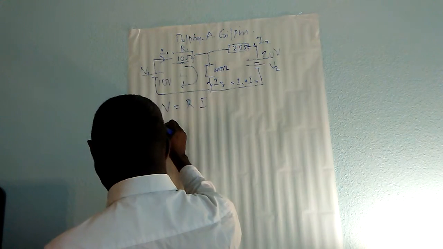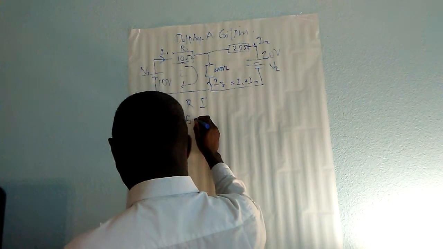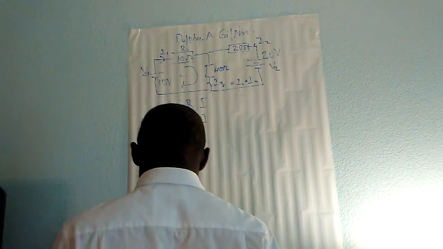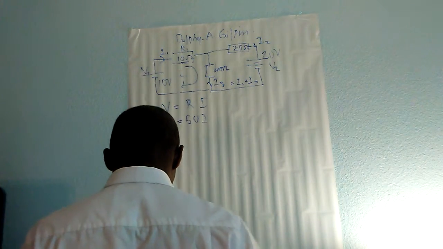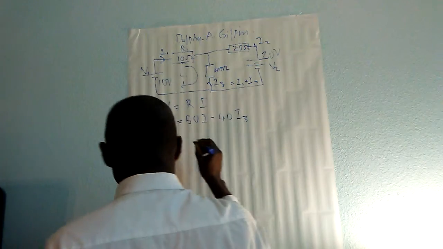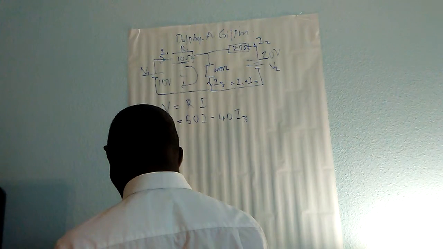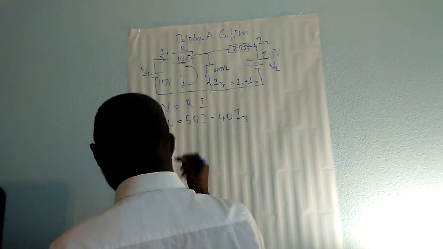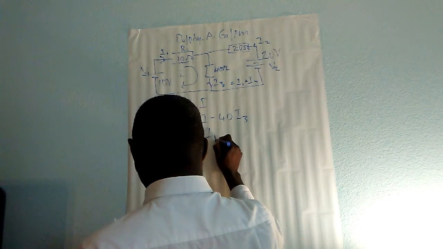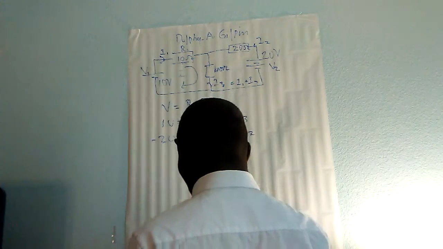We're saying that 10 volts equals 50 I1 minus 40 I3, and that now minus 20 is equal to minus 40 I1 plus 60 I2.